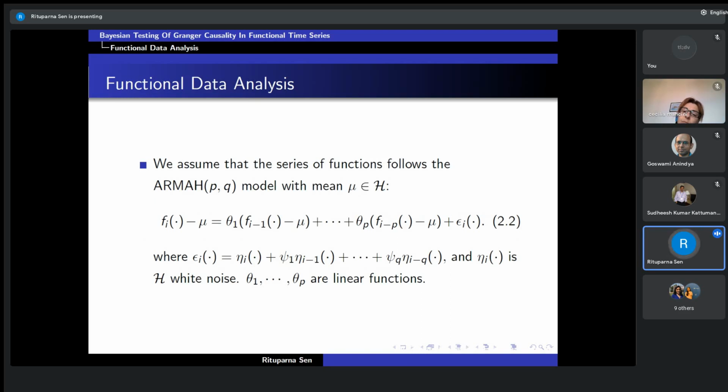I denoted this by ARMA H because they belong to the Hilbert space, so that is the H. Epsilon i comes from the moving average, and eta i is the white noise. And the thetas are some linear functions, so they take a function and map it into another function in a linear way.